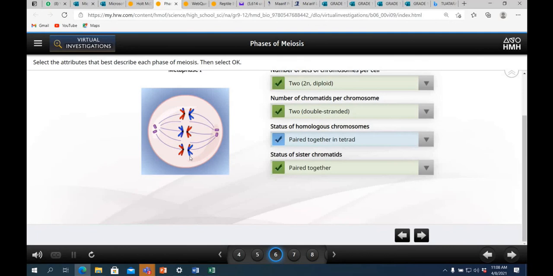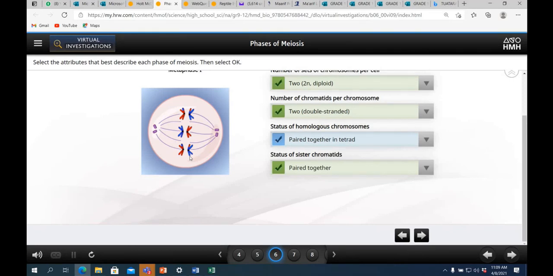Could you repeat again? It's the pair of 2 homologous chromosomes found during prophase 1 in meiosis 1. Okay, so still they are in a pair itself, so they are not separated. So the pair of homologous chromosomes in prophase 1, in meiosis 1, is known as a tetrad.